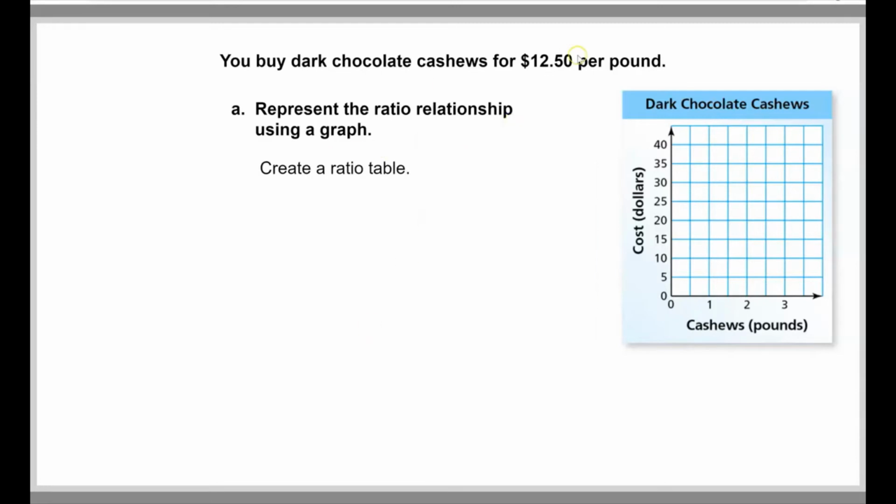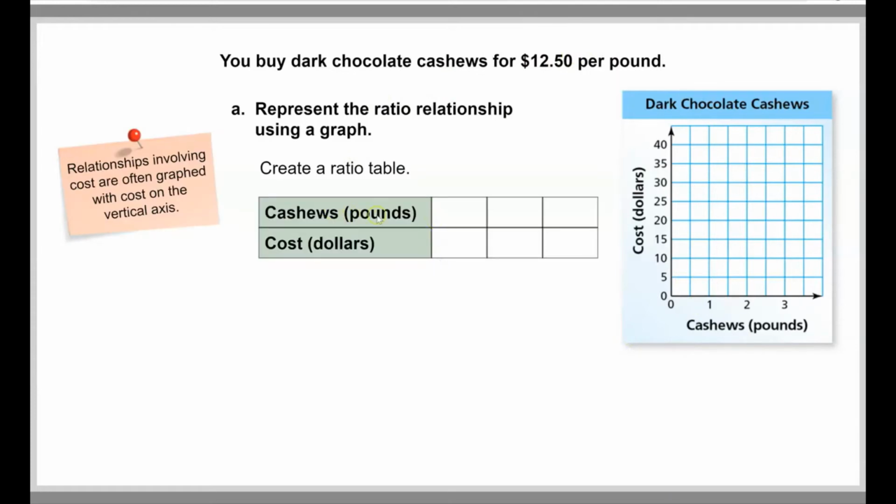We know that for every 1 pound, it's going to be $12.50. So if we were to do pounds, we've got 1 and $12.50, or 12.5. For 2, we would have 2 times 12.5, which is 25. And for 3 pounds, 3 times 12.5, we'd have 37.5.